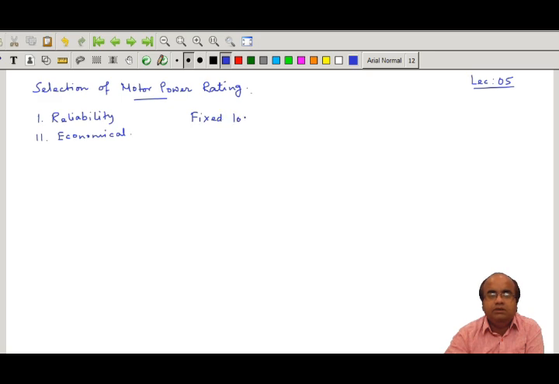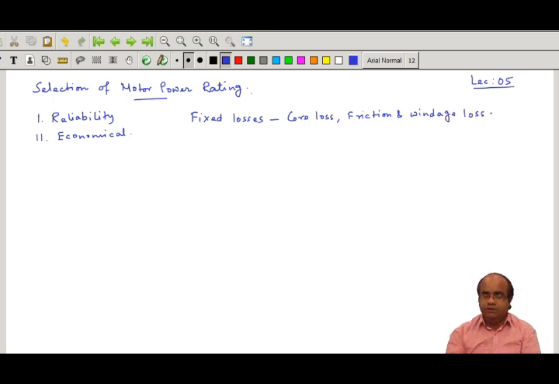Fixed losses contain the core loss and the friction and windage loss. These two are the fixed losses, and the other is the variable loss, which is the copper loss.